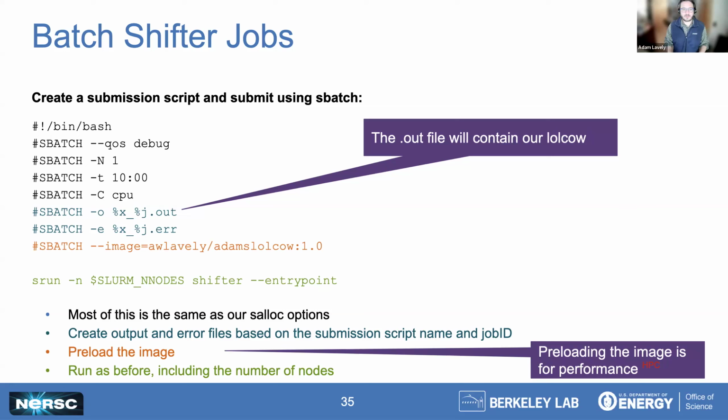Again, we use Shifter with entrypoint to do what we're trying to do. For the most part, if you can run this interactively, you already have most of the salloc options ready to go. Here we're putting the output into the .out file, so it won't pop up on your screen, and we do have to preload the image.